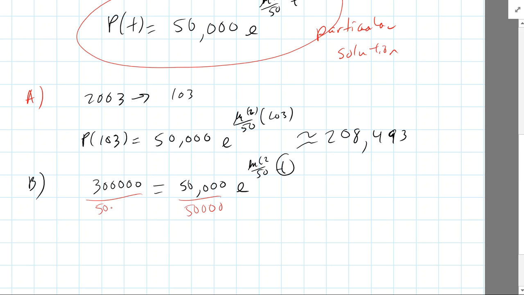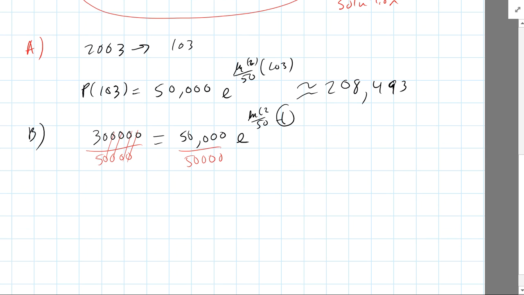It's really easy for those with no number sense. Cross that out, cross that out, cross that out. What is 30 divided by 5? So it is 6 equals e to the natural log of 2 over 50 times t. How do I undo the e? Natural log, I said it.